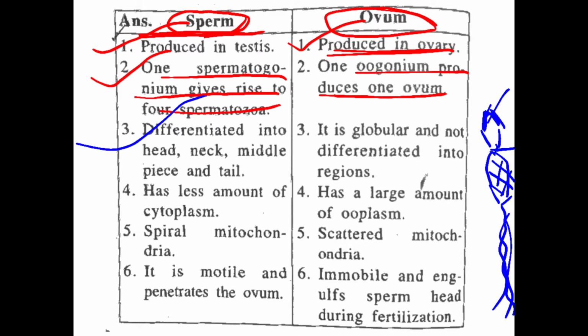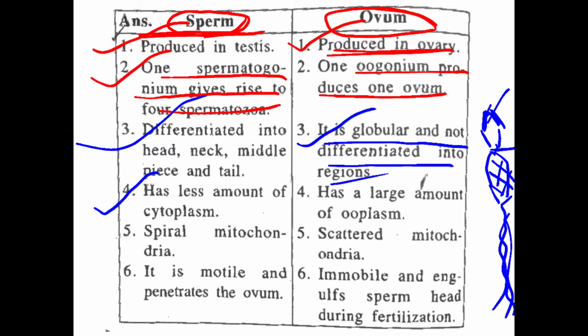Whereas ovum is not differentiated. Okay, it is globular and not differentiated into regions. Next, sperm has less amount of cytoplasm. The first point is that sperm is movable, whereas ovum is immobile.